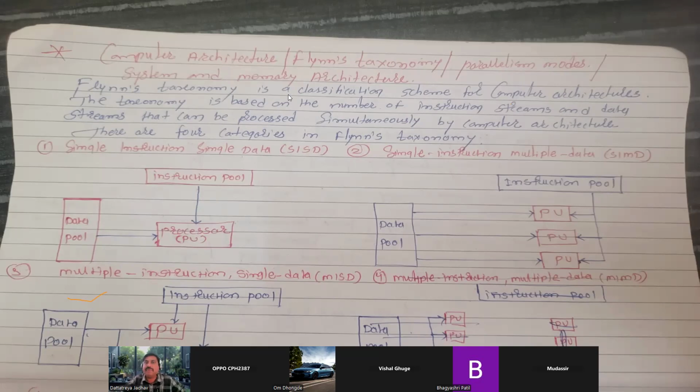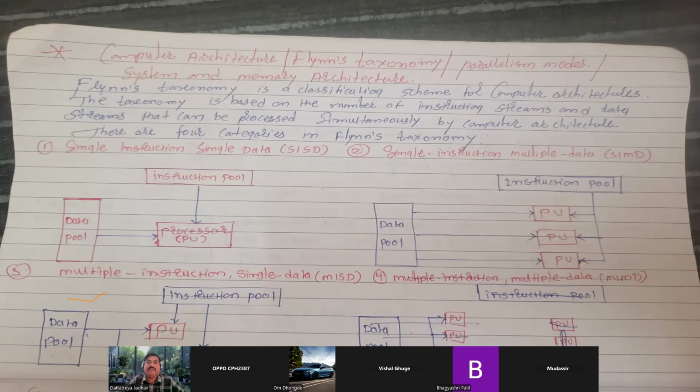So Flynn's taxonomy is a classification scheme of computer architecture. The taxonomy is based on the number of instruction streams and data streams that can be processed simultaneously. Meaning the number of instructions and the number of data which work simultaneously are considered in Flynn's taxonomy. These are the categories.